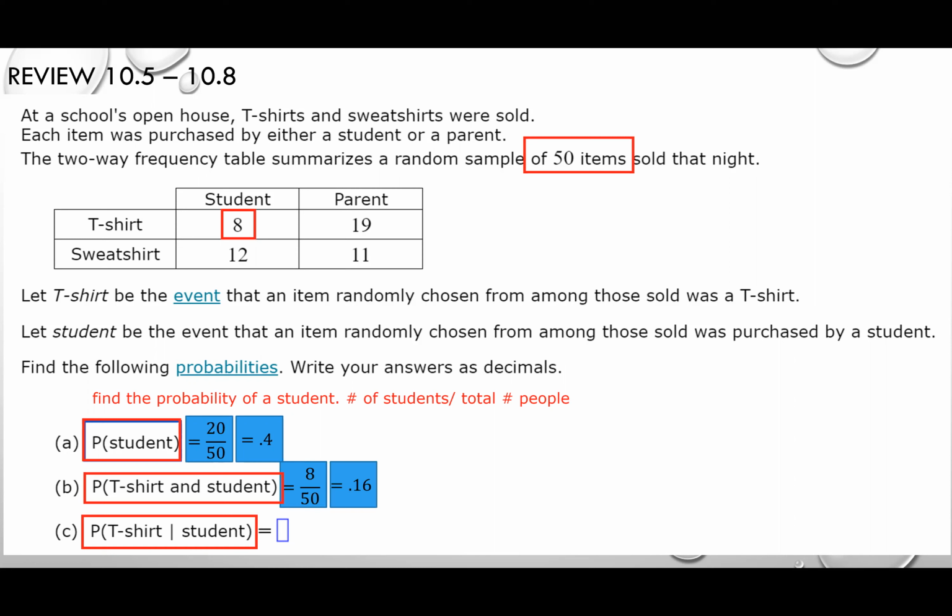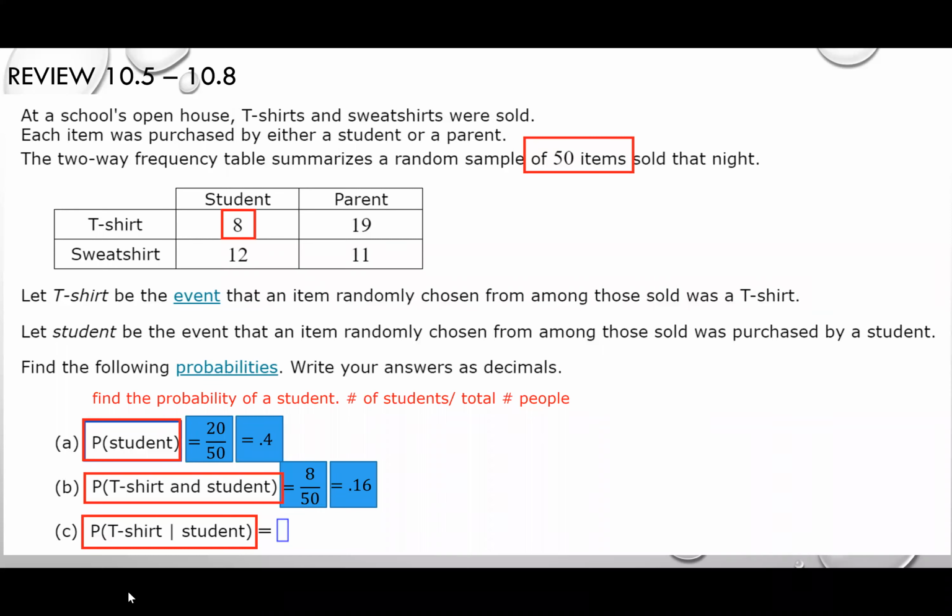So again, the probability of a student is 20 students over 50 total. The probability of student and t-shirt, meaning a student who bought a t-shirt, is 8 of them over the total, which is 50.